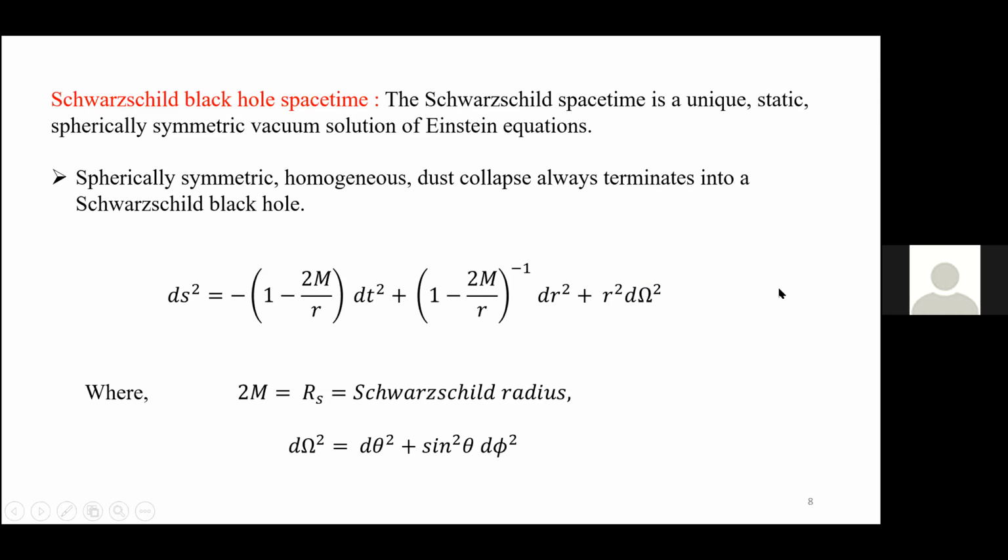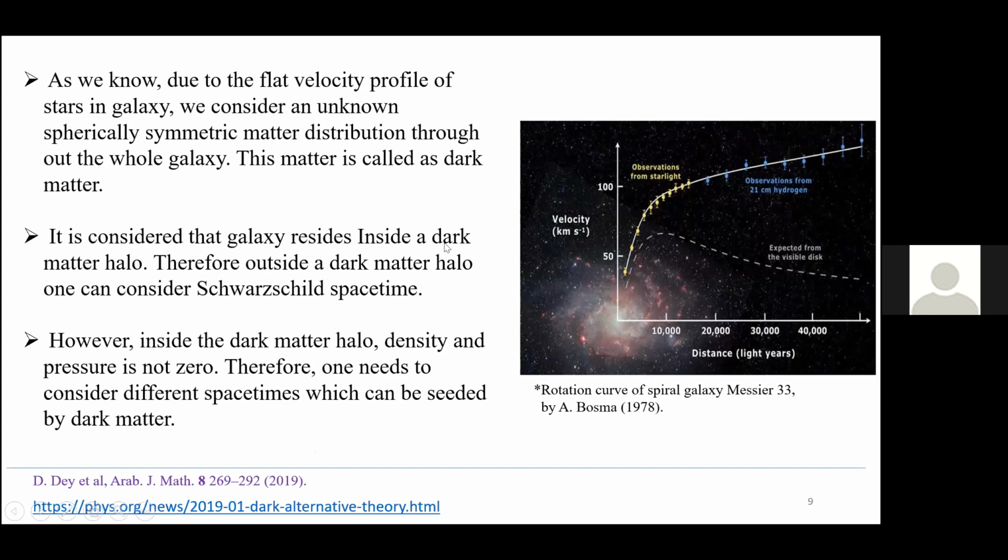Due to the flat velocity profile of stars in galaxies, we consider an unknown spherically symmetric matter distribution throughout the whole galaxy, and this matter is called dark matter, or you can consider other baryonic matter. It is considered that the galaxy resides inside a dark matter halo, and therefore outside the dark matter halo one can consider the Schwarzschild space-time.